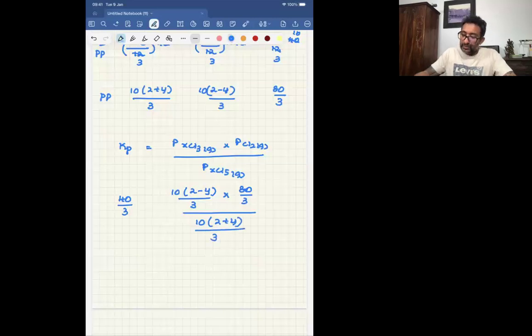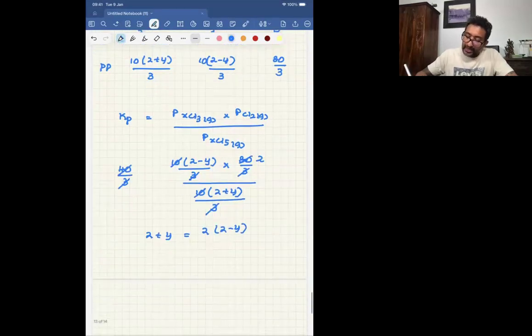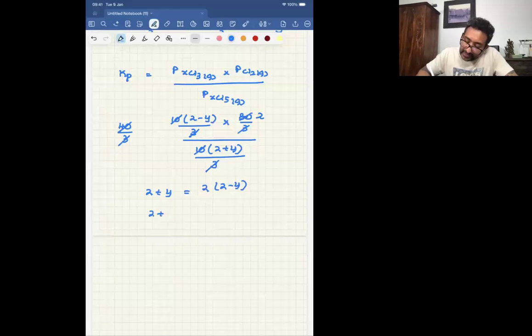See, 3 and 3 cancel out, 10 and 10 cancel out, 3 and 3 cancel out. Make it 40, and this is 2. So 2 plus y is equal to 2 times 2 minus y. That is, 2 plus y is equal to 4 minus 2y. And 3y is equal to 2.